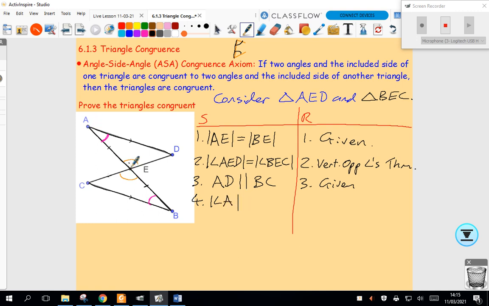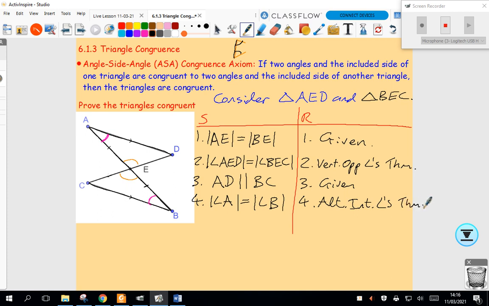I can't call this angle E because there's four different angles with E as the vertex here. But the angle A, there's only one angle with A as the vertex. So the angle A is equal in measure to the angle B. And the reason for that is the alternate interior angles theorem.